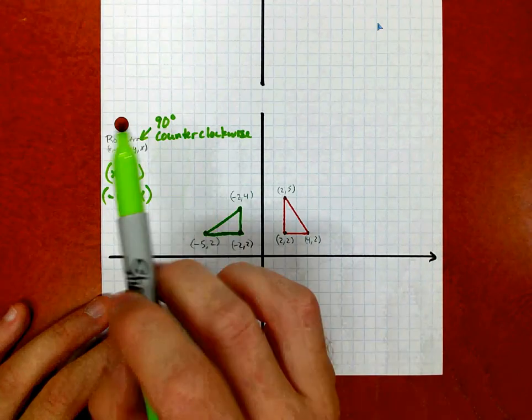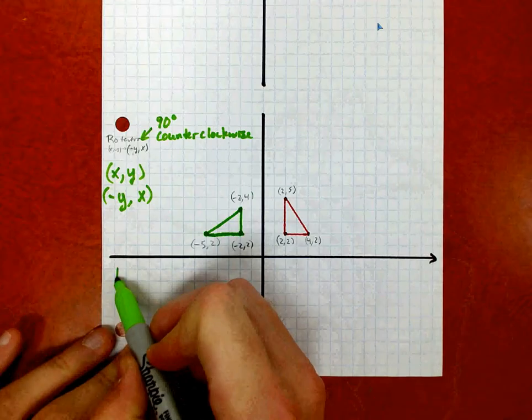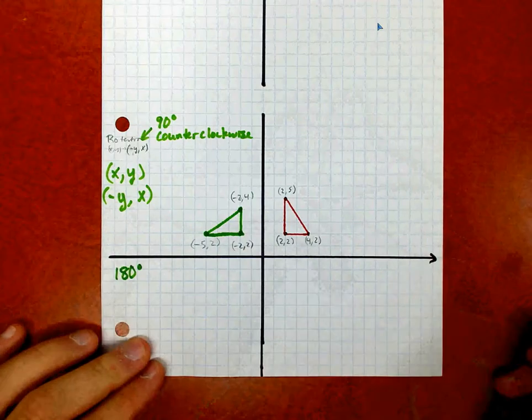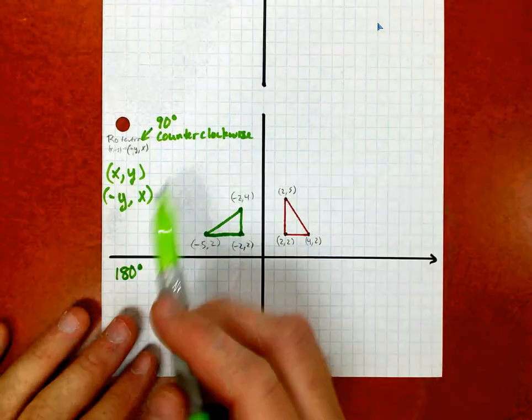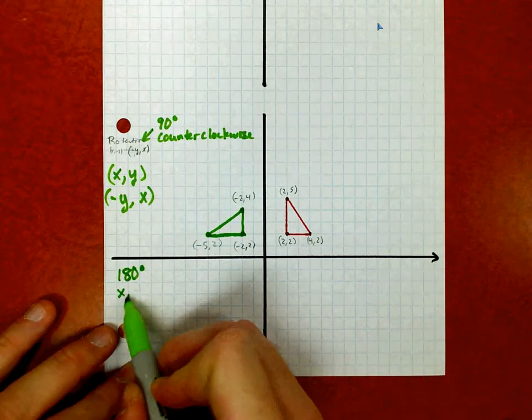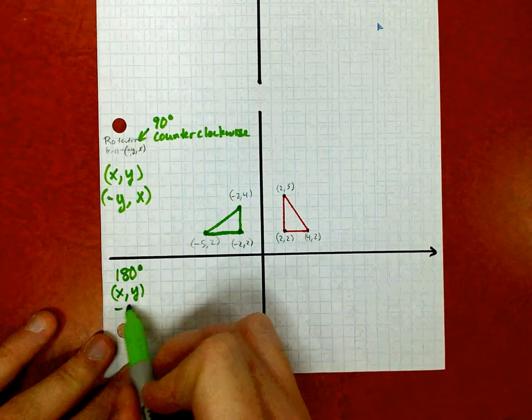But there's one more type of rotation that we'll talk about here, and that is if we want to rotate 180 degrees. When we rotate 180 degrees, it's a little bit easier to think about. Every x and y coordinate will just change to its opposite.